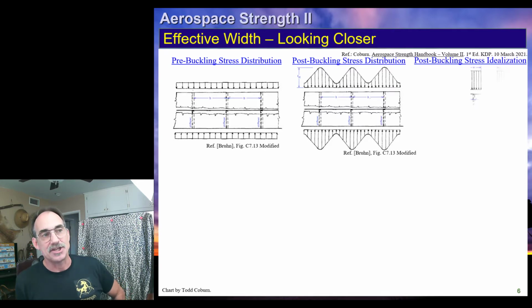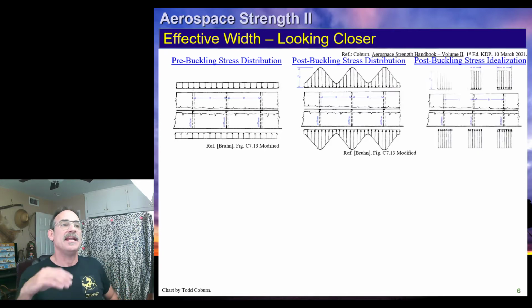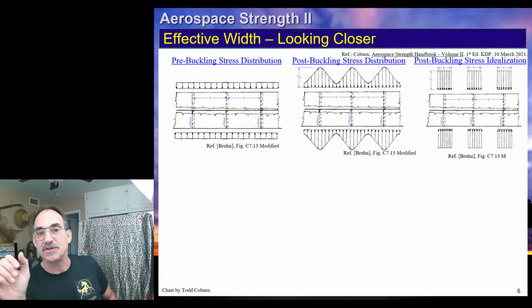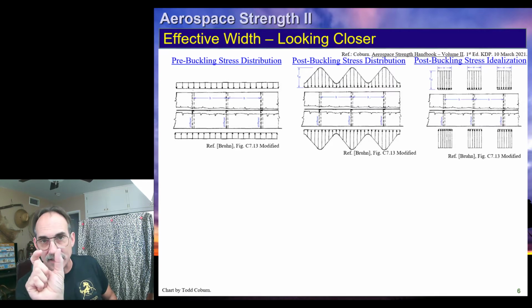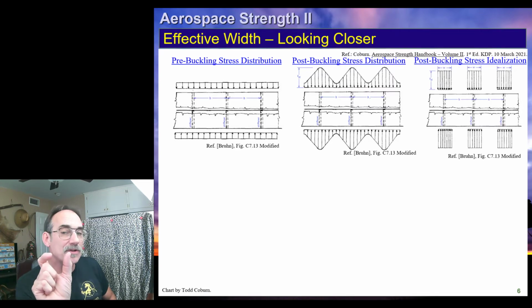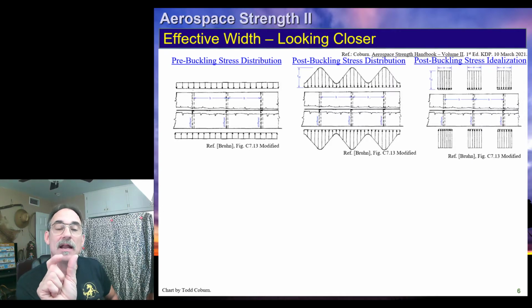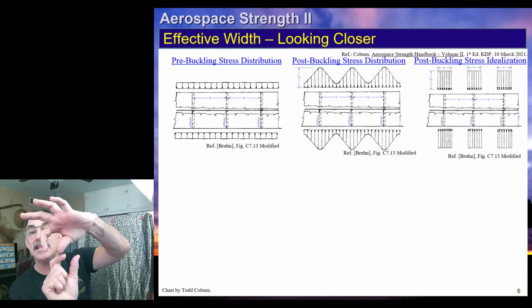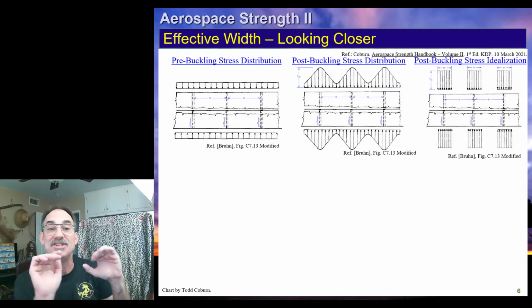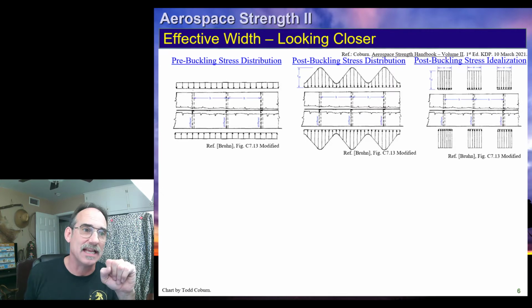In the extreme, instead of that nonlinear distribution of stress, we'll just pretend that the skin near the stringer, in the effective width part, or the part of the skin that we're going to assume is working with the stringer, is at a constant stress level the same as the stringer. And the skin between the stringers will be at a zero stress level. We'll ignore it altogether.